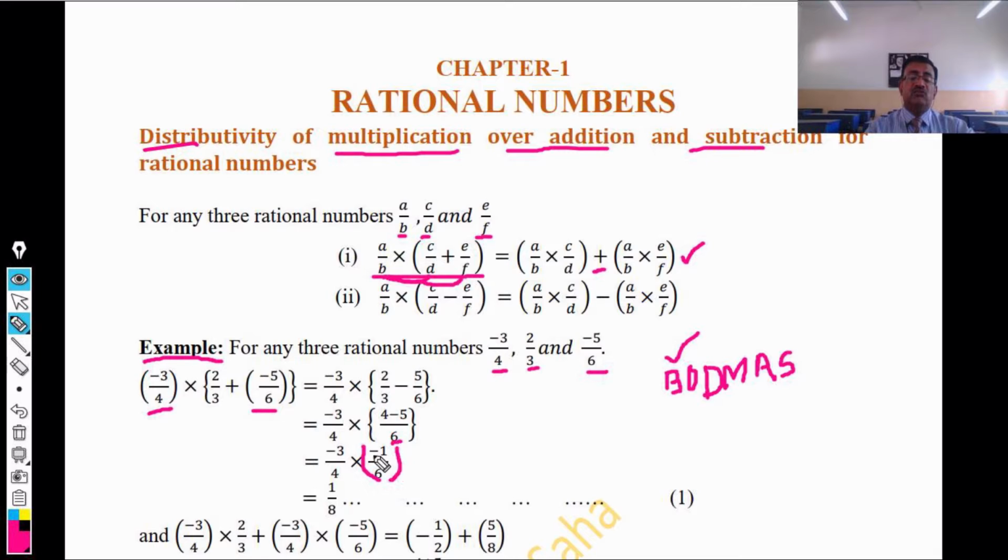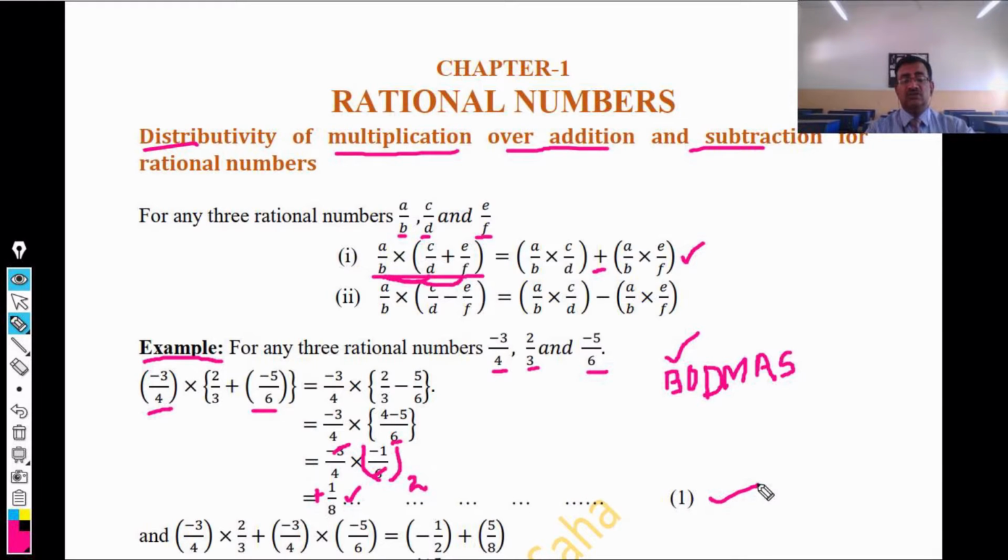Now, you know minus into minus is plus. Then don't put any sign here, and you can cancel 3 and 6. Here it is 2. Then it is 1 by 8.